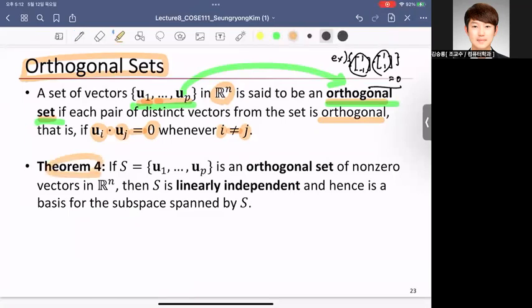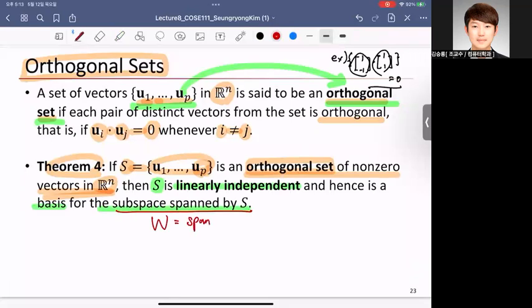And here's theorem 4. If a set S consisting of the vectors u1, u2, up is an orthogonal set of non-zero vectors in R^n space, then S is linearly independent, and hence is a basis for the subspace spanned by S. Let's say the subspace W is spanned by S, meaning u1, u2, up.